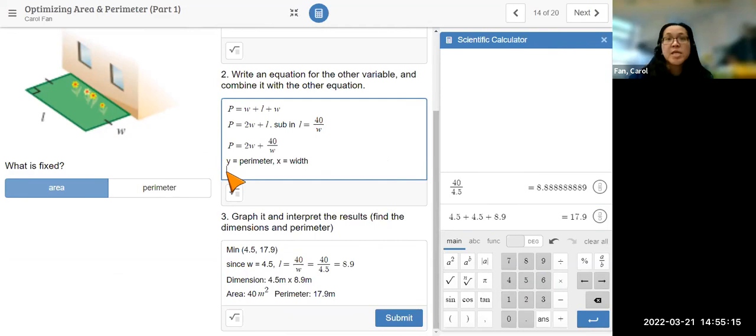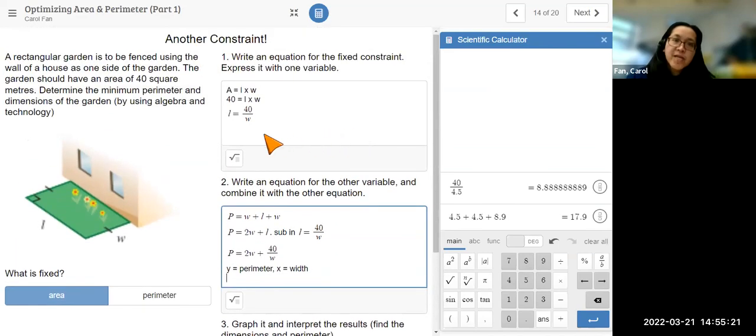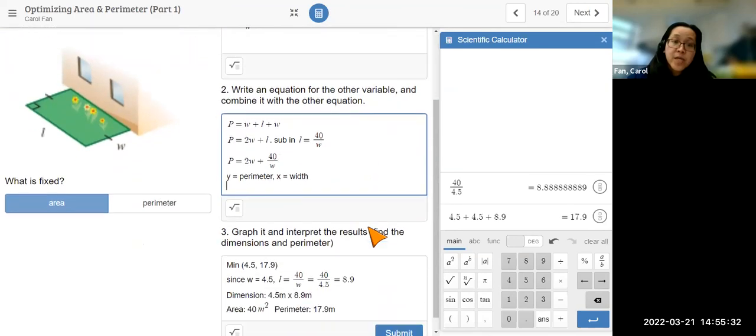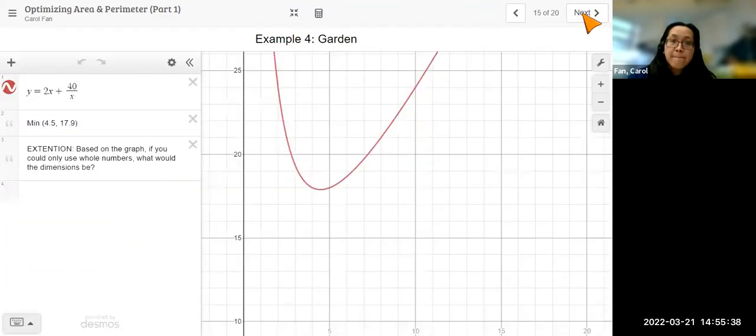Okay, so this one is a little bit more tricky. But what we've done in all of the examples so far is we've expressed things using both our area and our perimeter equation. This way, we're able to juggle them around until we get the value that we need. So slide number, we'll skip the extension for now.